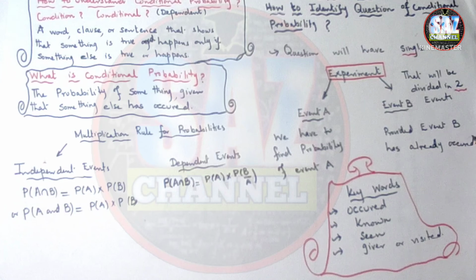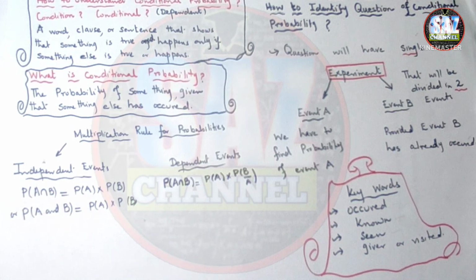These are the key terms that you have to keep in your mind, and the words that will be helping us in identification of the questions of conditional probability and the multiplication law of probability are that some event has occurred or is known to us or seen, given or visited.